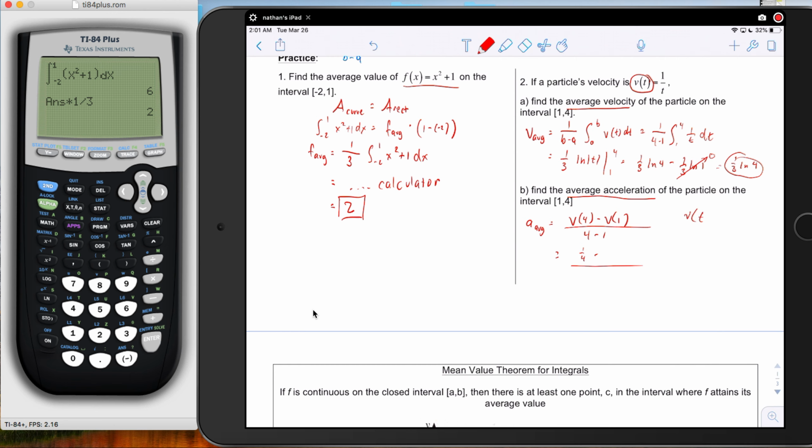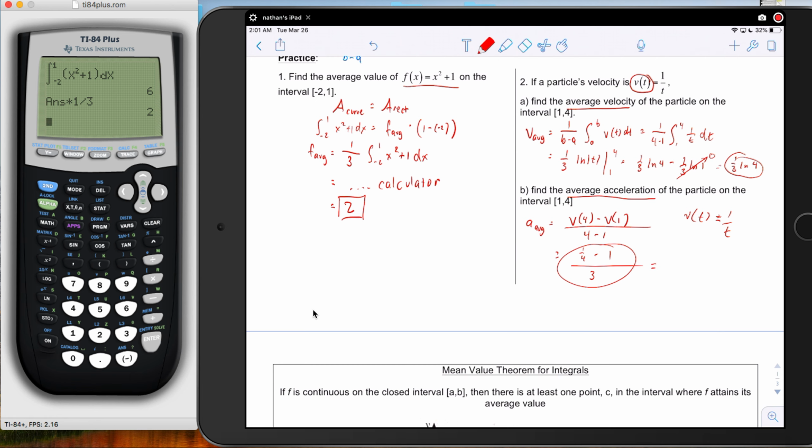Because I remember v of t is equal to 1 over t, when you plug in 4, you get 1/4, and when you plug in 1, you get 1 over 1, all over 3, and that could be your answer.